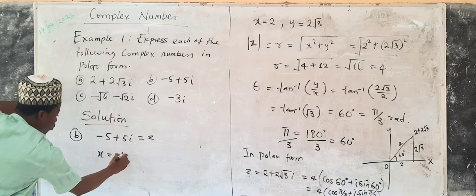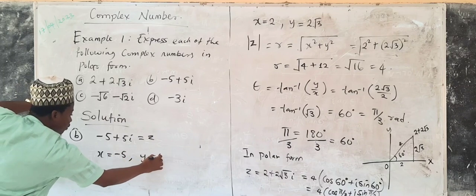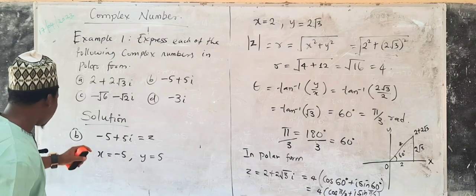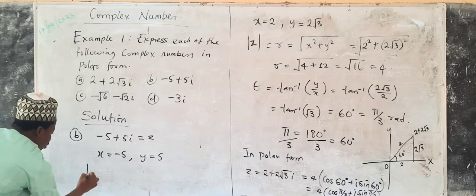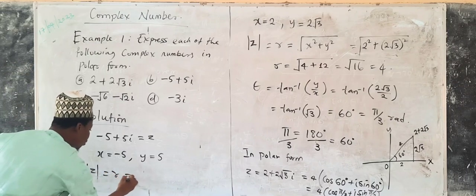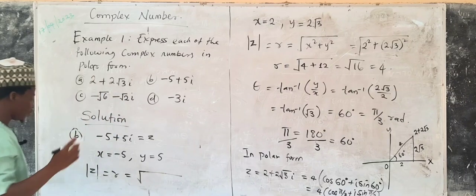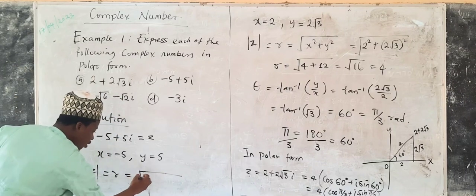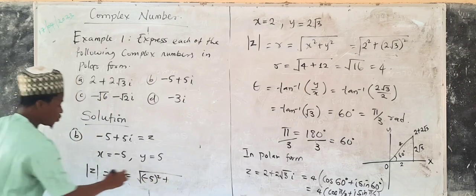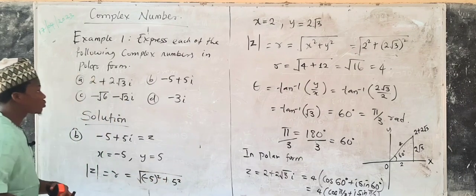Minus 5. And where's our y? 5. So here we have that the modulus, which is equal to r, is equal to the square root of minus 5 squared plus 5 squared.